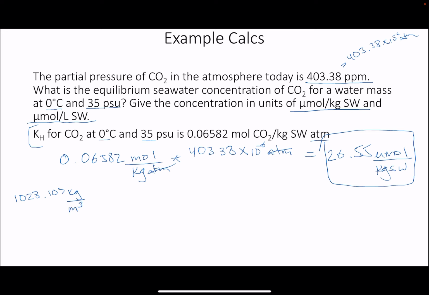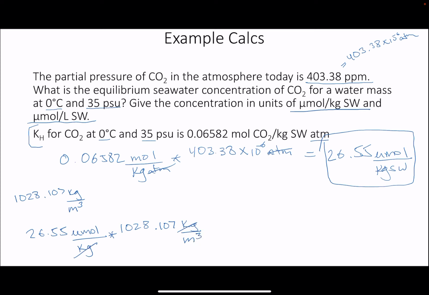That's helpful, but you actually want it in micromoles per liter, not meters cubed. So the way you have to set this up, and I'll do it down here at the bottom: you've got your gas concentration here in micromoles per kilogram, and you need to multiply that by your density, which is 1028.107 kilograms per meter cubed.